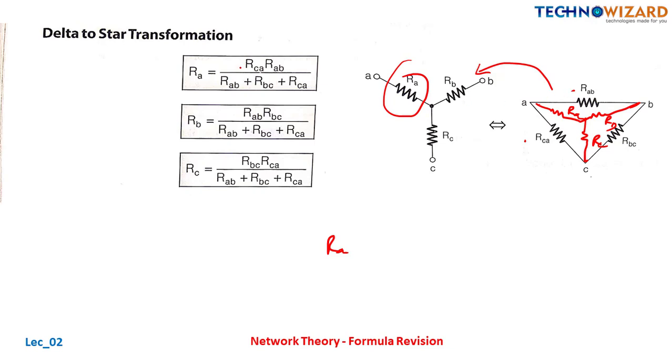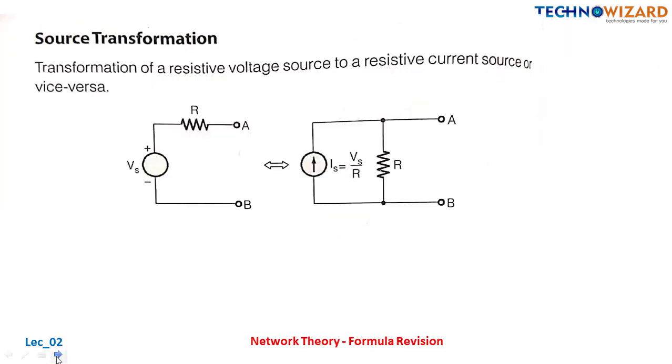So RA is RCA into RAB upon the total resistance RAB plus RBC plus RCA. Now the RB resistance is between RAB and RBC, so RB is RAB into RBC upon RAB plus RBC plus RCA. This is how you can find RA, RB and RC, that is the star connection resistances. This is known as delta to star transformation.